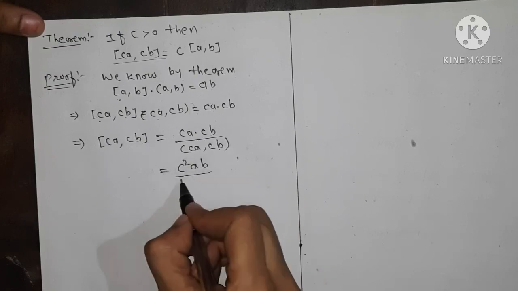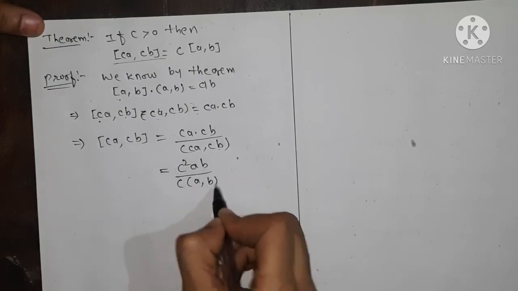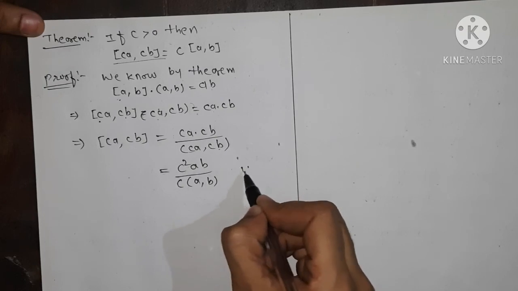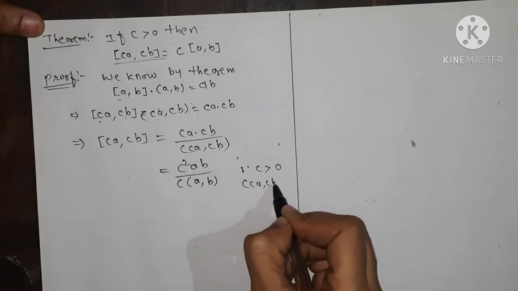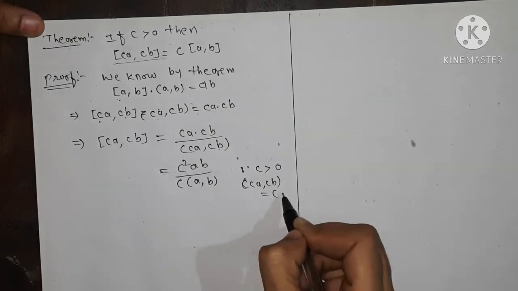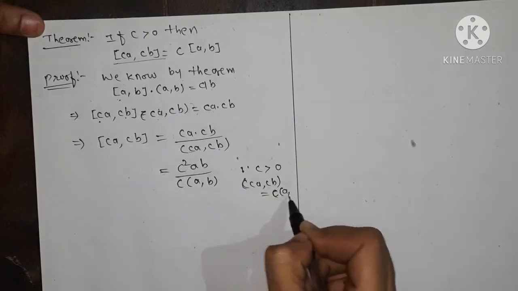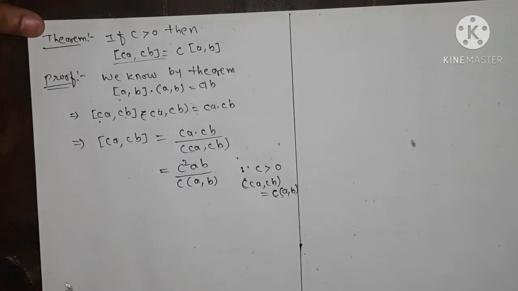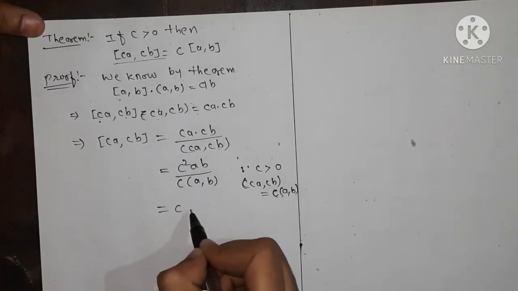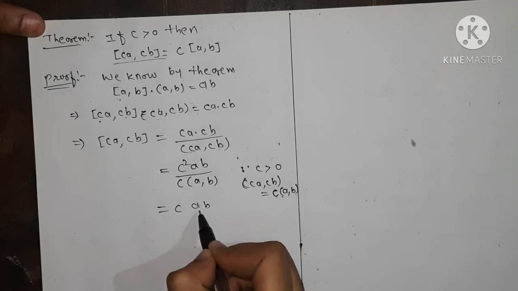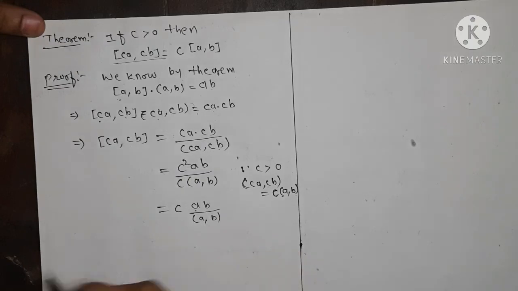And from the GCD we can take common C, because since C is greater than 0, GCD of CA comma CB is equal to C times GCD of A comma B. So now C and C get cancelled here. So we have C into AB upon the GCD of A comma B.